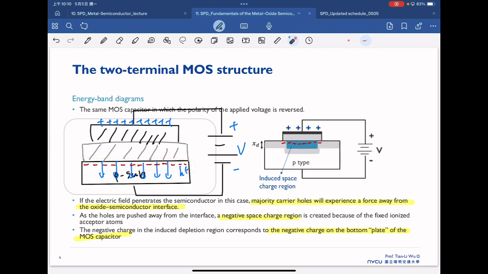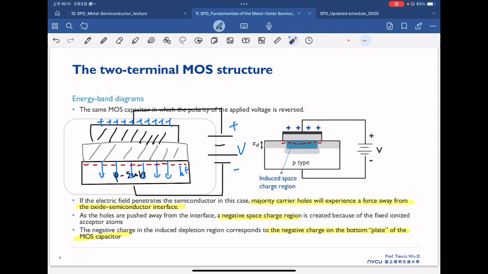So the text sometimes is confusing, but if you try to follow my way of thinking about all the charge formation, in the end it should be much easier to understand than how the text describes it.